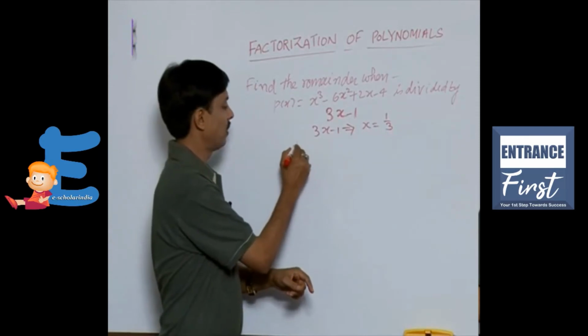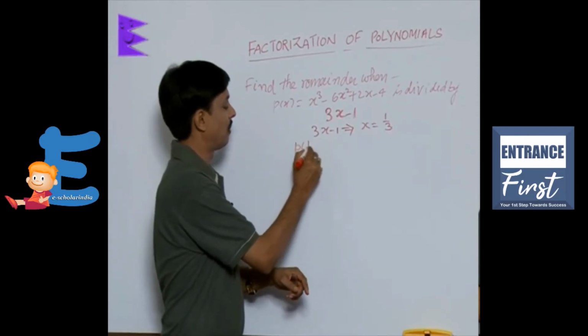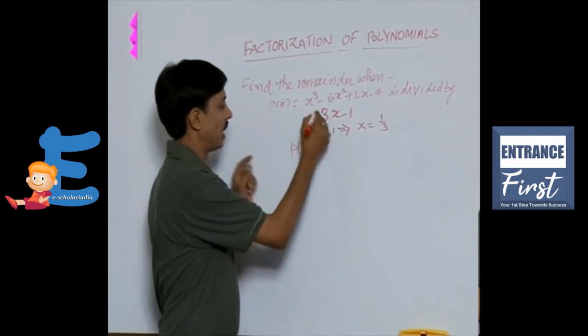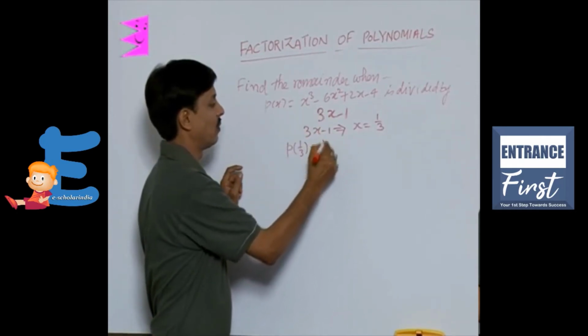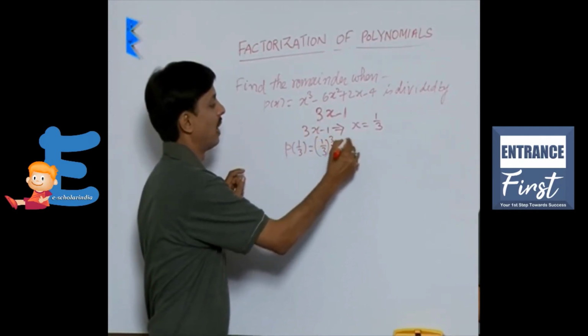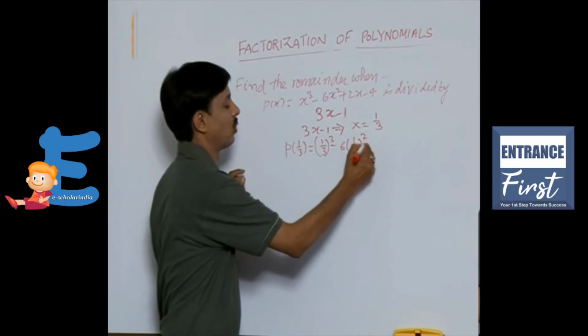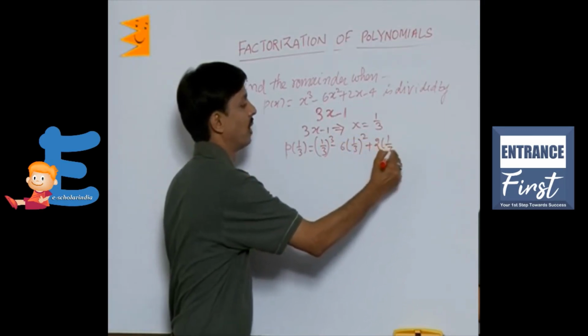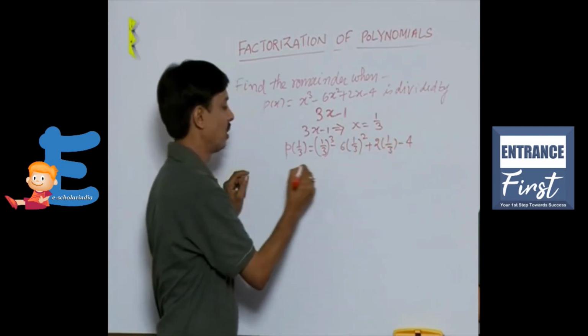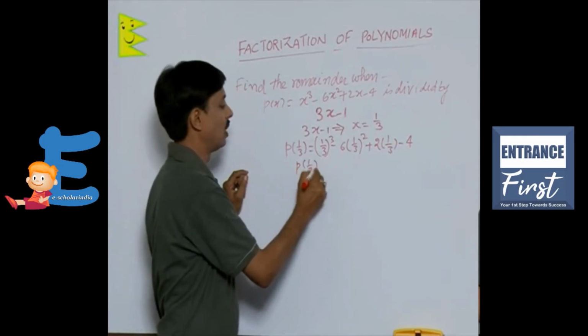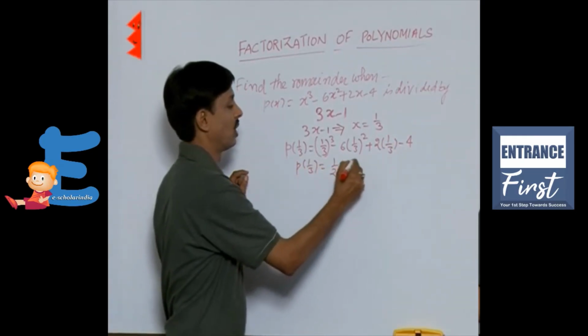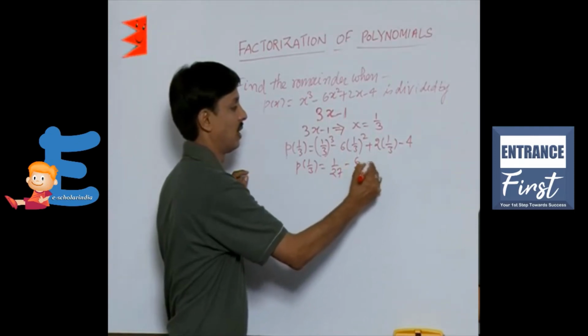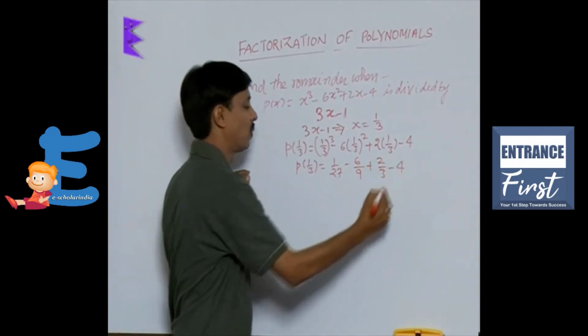So the remainder will be P(1/3), that is (1/3) cube minus 6 into (1/3) square plus 2 into 1/3 minus 4. So P(1/3) is equal to 1/27 minus 6/9 plus 2/3 minus 4.